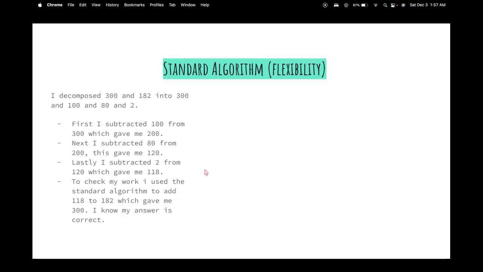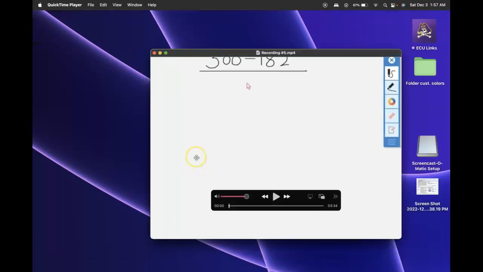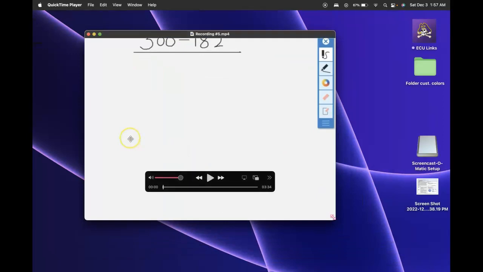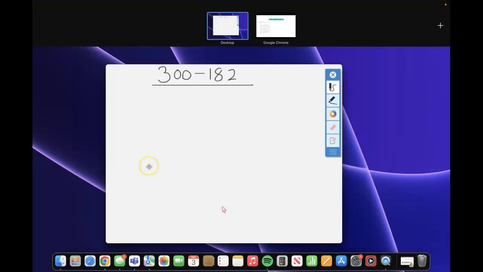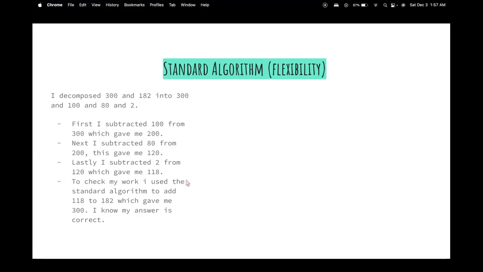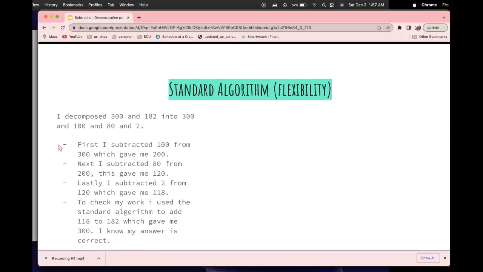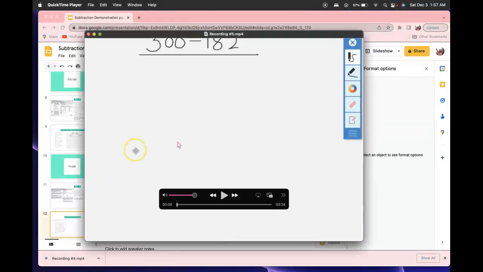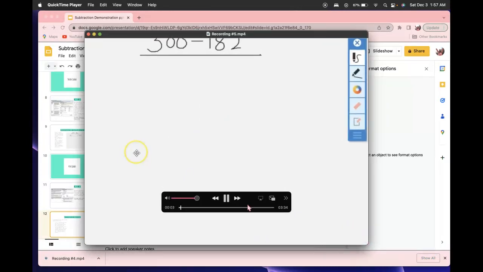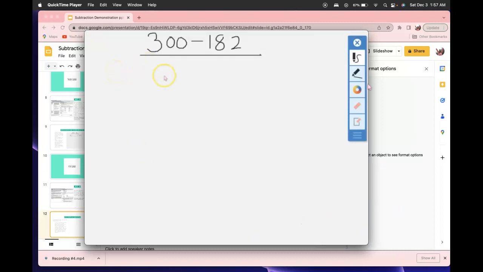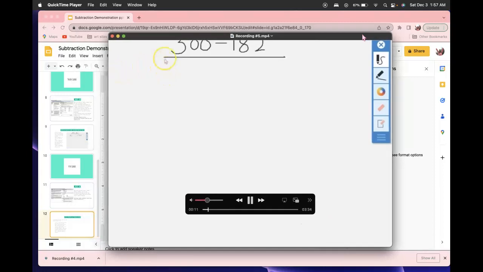Alright, so here's my demonstration. Sorry to do this. Here we go. For this last method, going on to 4th grade, we are going to use the standard algorithm to complete 300 minus 182.